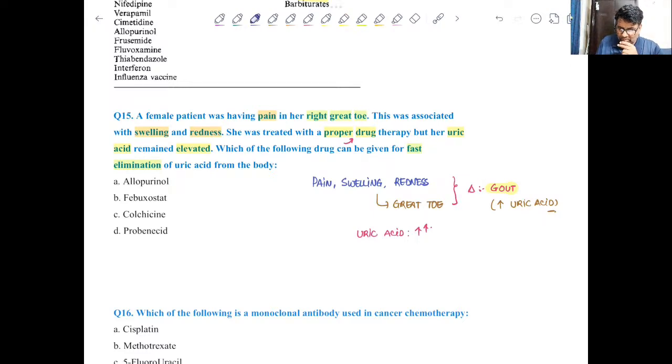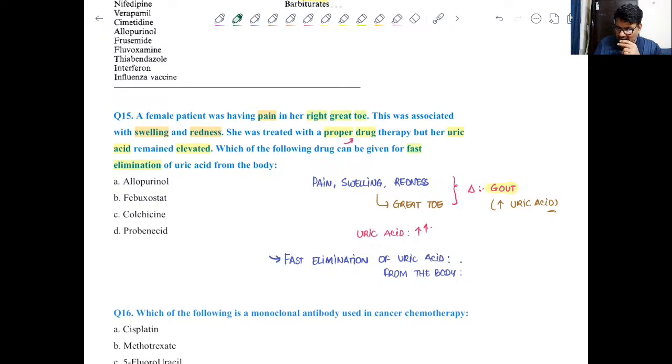We want to do fast elimination of uric acid. Now the question is about fast elimination of uric acid from the body, and the question is not asking anything about reducing the formation of uric acid.